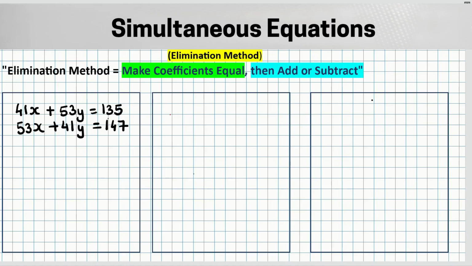If you see the sum on the screen, it has coefficients of x and y that are very big numbers. But if you observe carefully, the coefficient of x in equation 1 is the coefficient of y in equation 2, and the coefficient of y in equation 1 is the coefficient of x in equation 2.